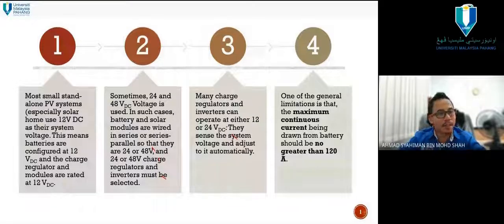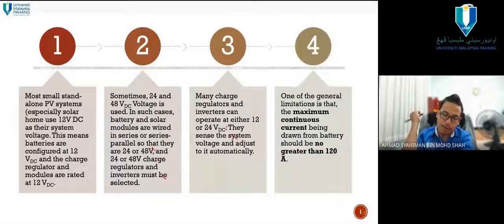Okay, I think I just proceed. Okay, this number 42. We started last week's Wednesday about the standalone or off-grid photovoltaic, OGPV.